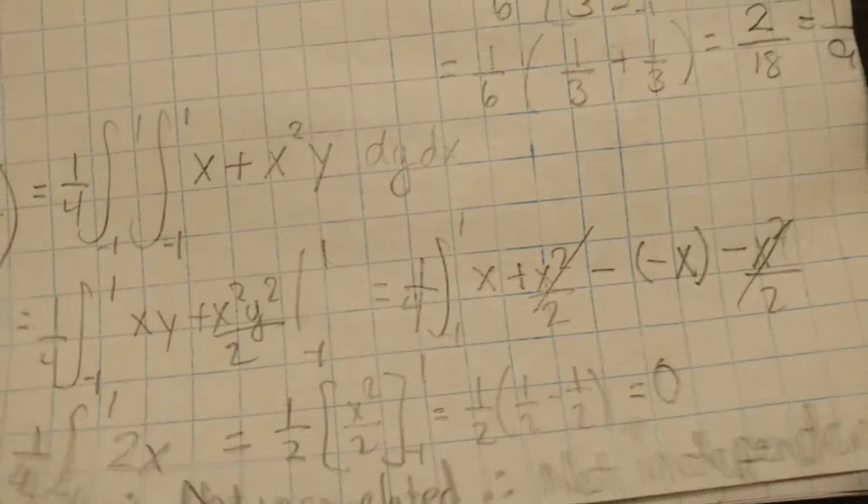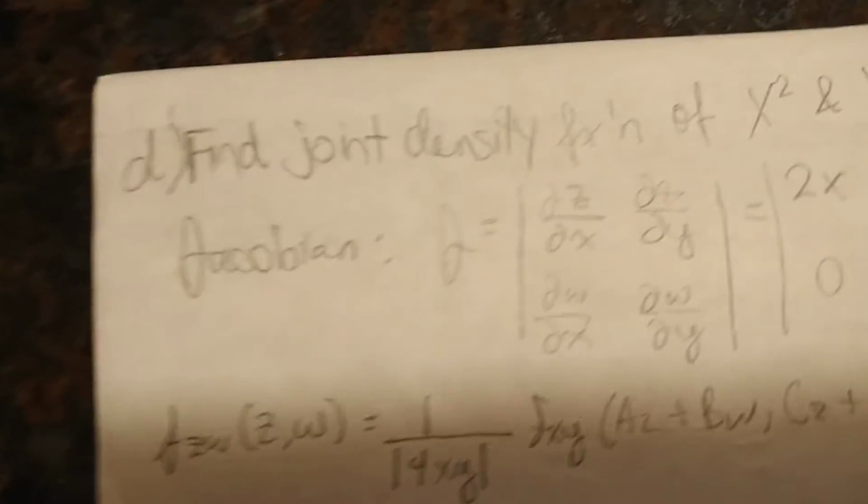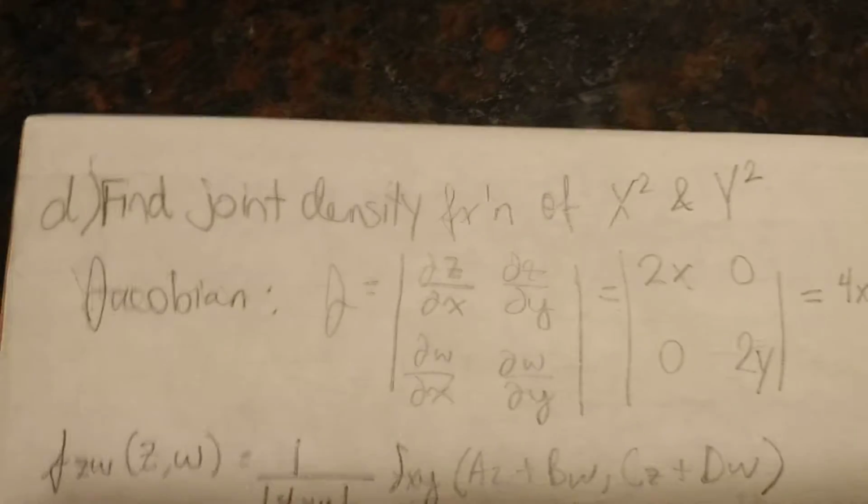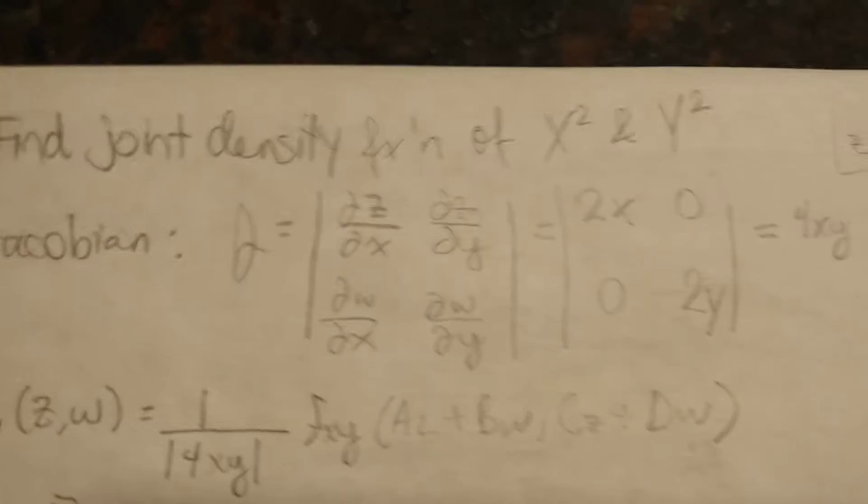The next part of the question asks us to find the joint density function of X squared and Y squared. To find that, you calculate the Jacobian.